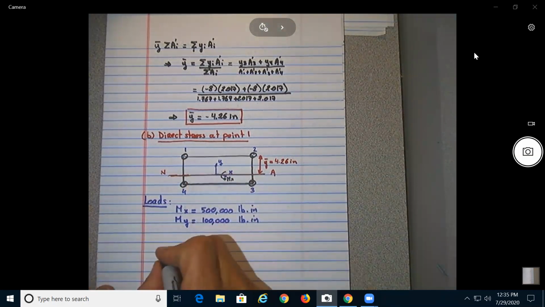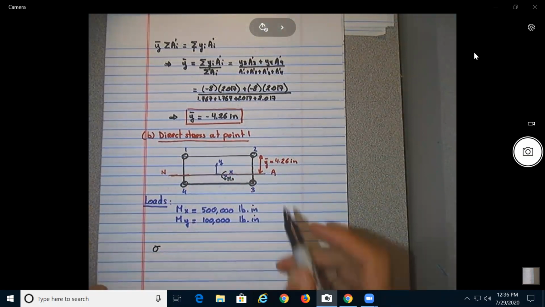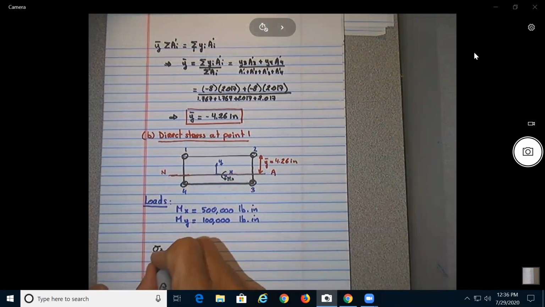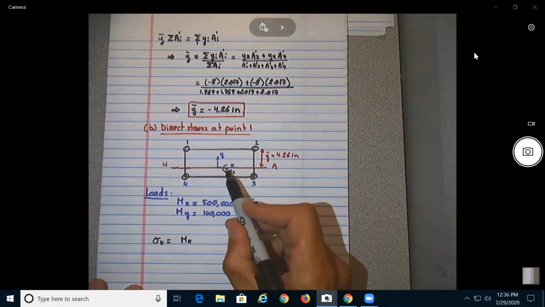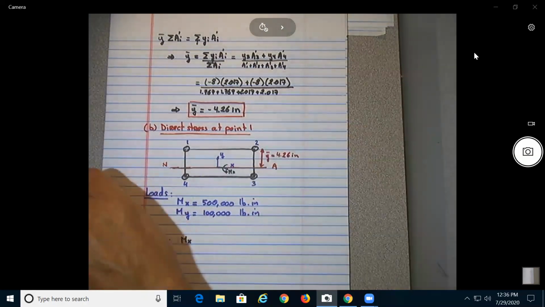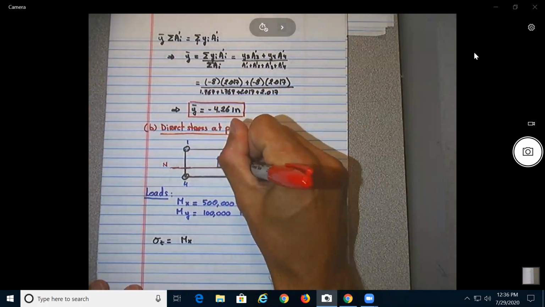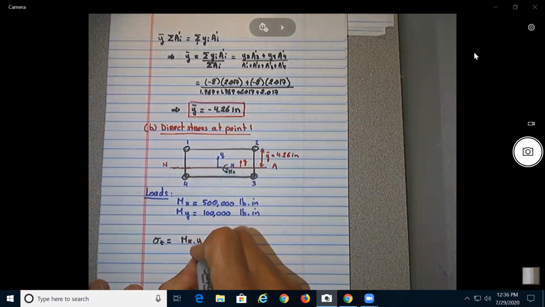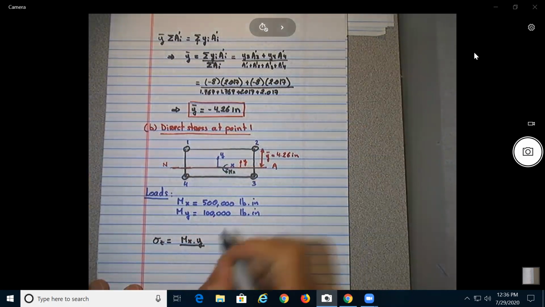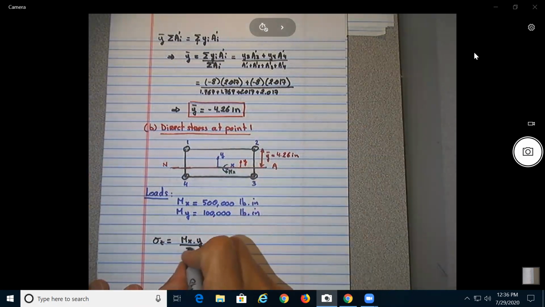Okay, so let me write down the equation. So sigma z will be equal to mx times the distance y, which would be that distance here, times y. And what is the axis resisting the bending in that direction? Will be the Ixx.